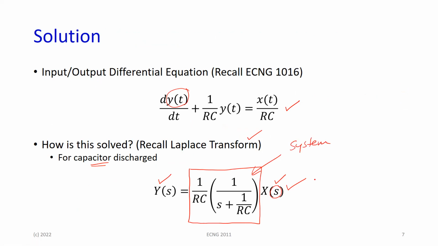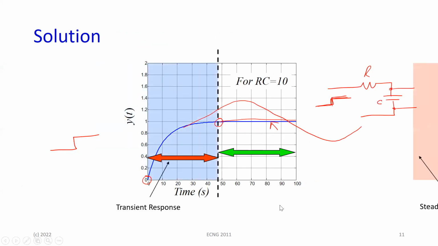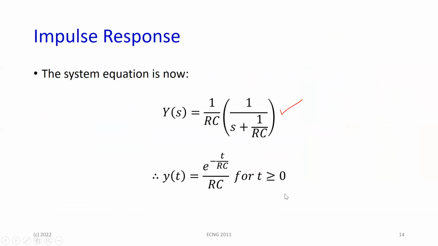When X(s) is 1, in other words, x(t) is an impulse, let me just go forward a little bit. When I get this now, remember at this point in time x(t) is delta t, so that X(s) is equal to 1.